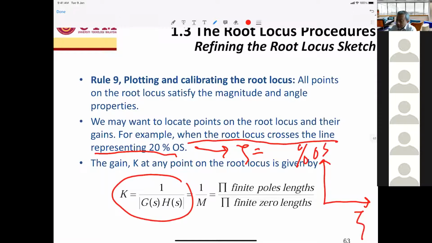If you still remember the graph, like this, that is the standard graph for overshoot versus zeta.